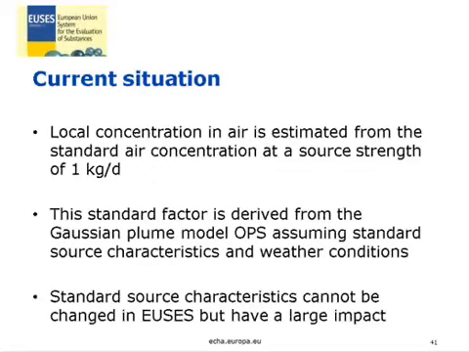And when you have the actual emission rate, you can calculate the concentration in air from that factor. So this is very straightforward. This factor has been derived from a Gaussian plume model, OPS, and assumes standard source characteristics and weather conditions. These cannot be changed. These are fixed, but actually have a large influence.